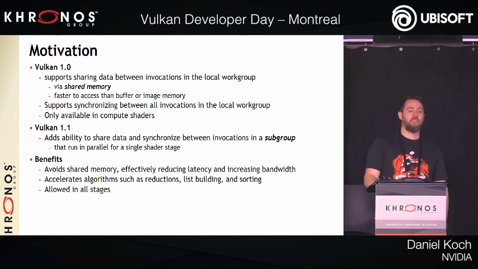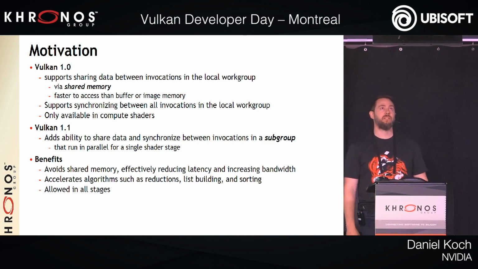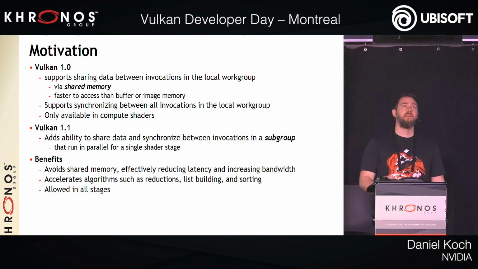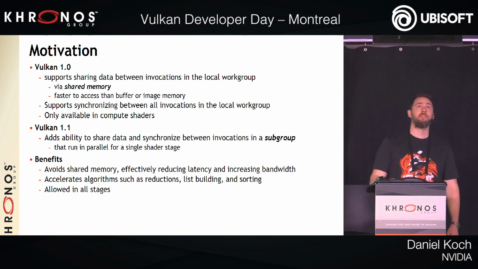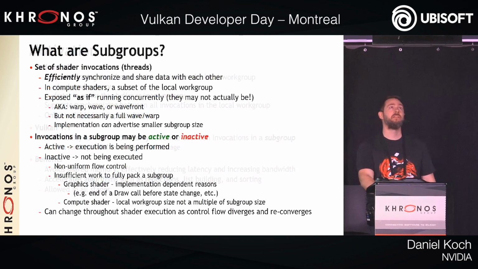The main benefit is that you can avoid going out to shared memory, so it can reduce your latency and increase your bandwidth effectively, and you can accelerate a lot of algorithms such as reductions, list building or sorting. And in Vulkan, they can be supported in all stages, not just compute shaders.